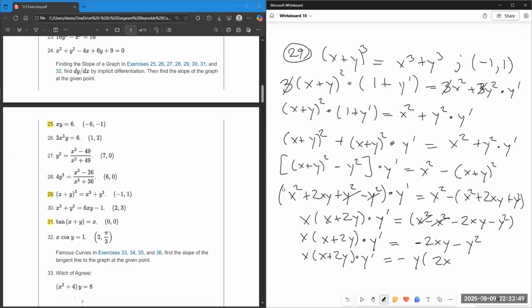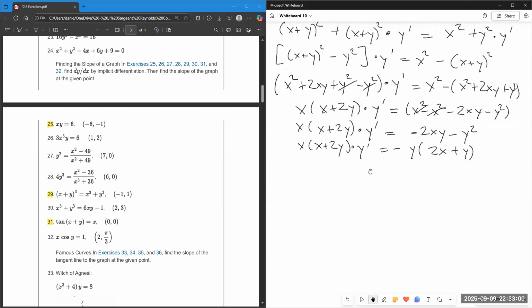Two x plus y. And so y prime is equal to negative y times (2x plus y) over x times (x plus 2y).